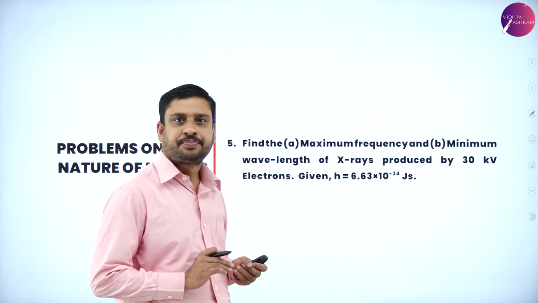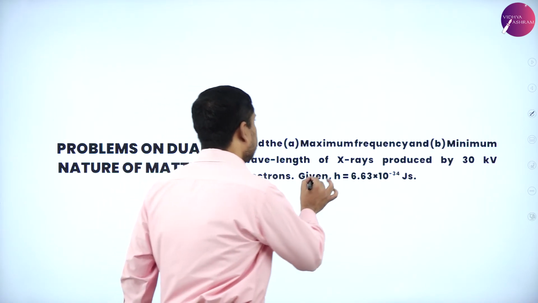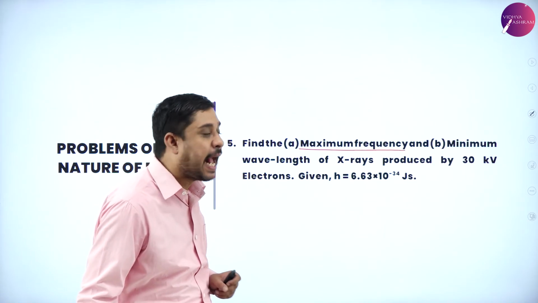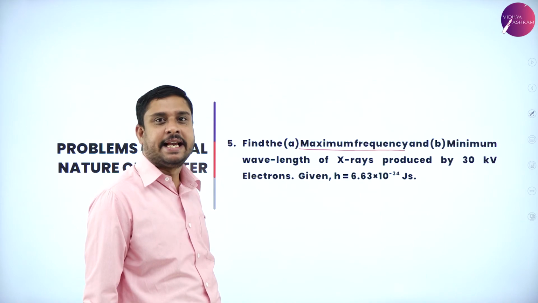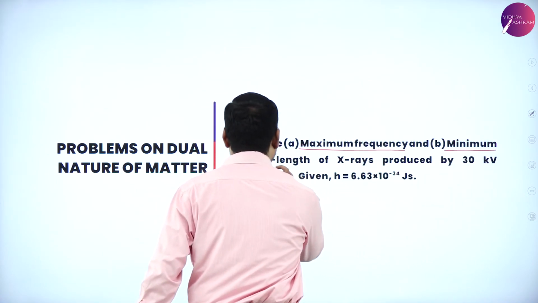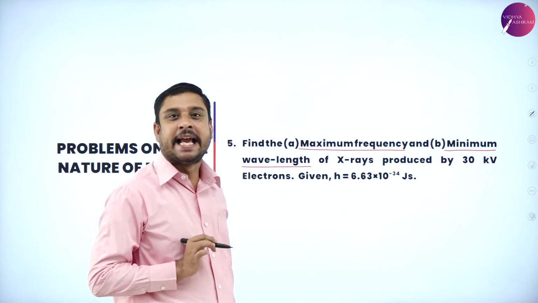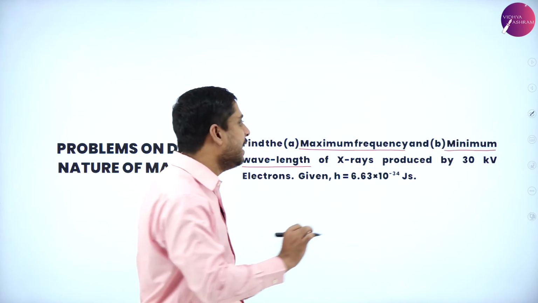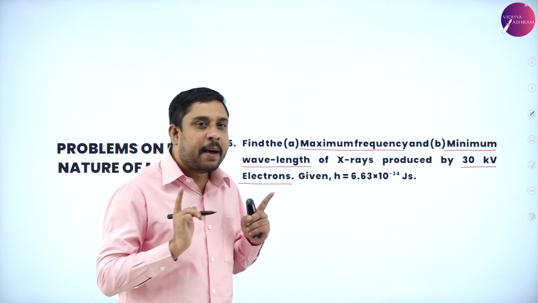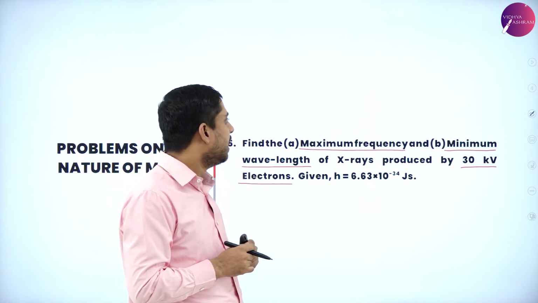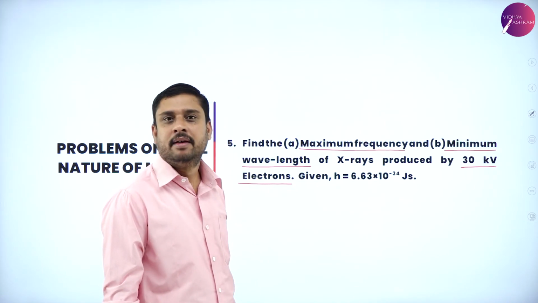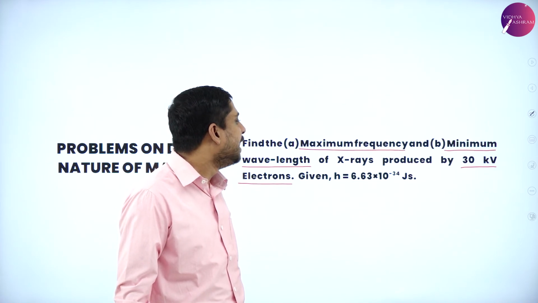The last one, students. Find the maximum frequency, understand, maximum frequency, not the threshold frequency, and minimum wavelength of X-rays produced by 30 kilovolt electrons.